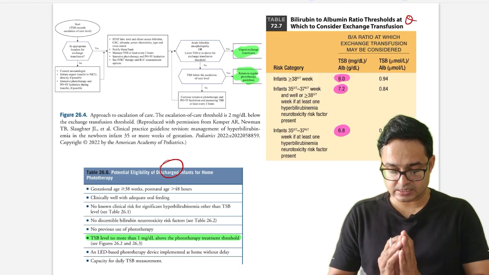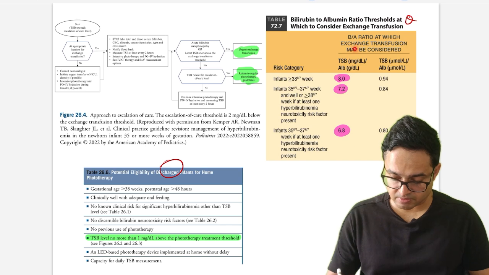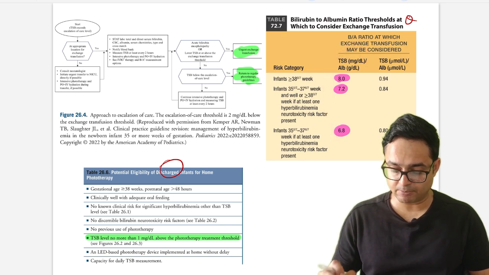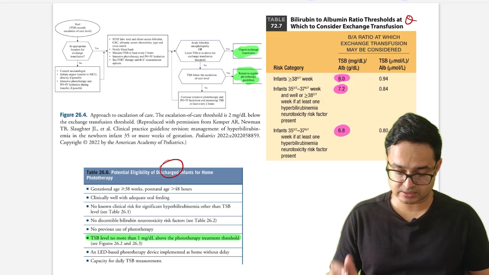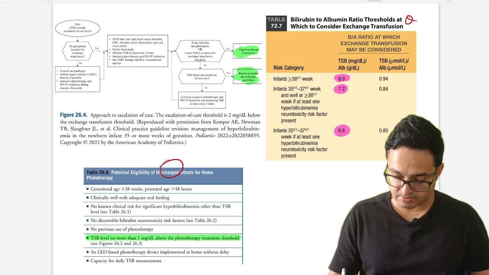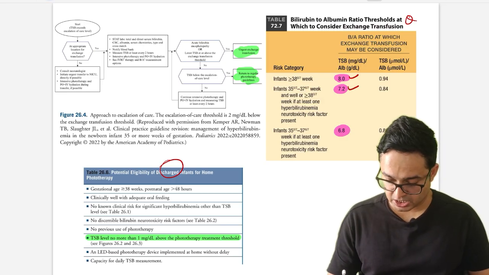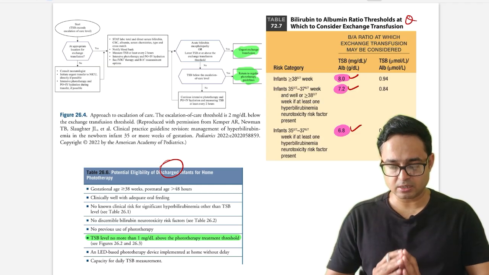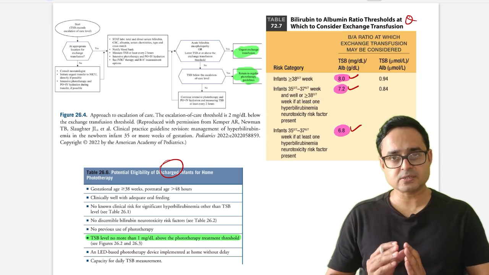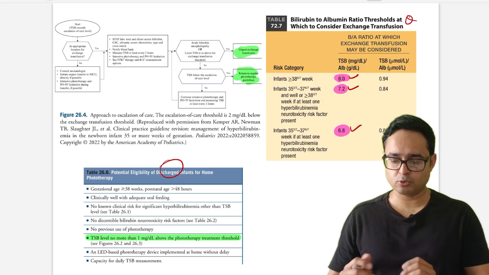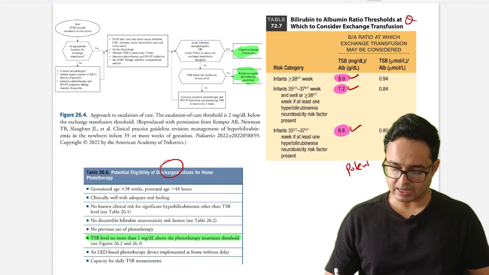See the risk category and remember the TSB, total serum bilirubin to albumin ratio cutoff. This is very much important. Just remember this ratio: 8, 7.2 and 6.8. So this is a potential MCQ in your upcoming exam.